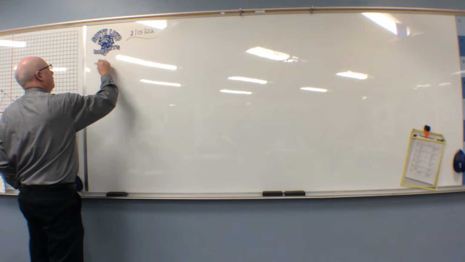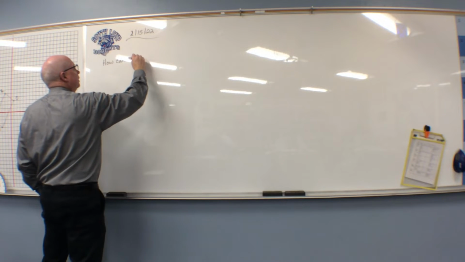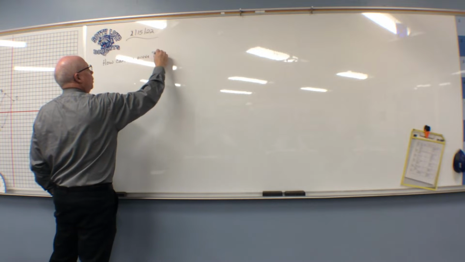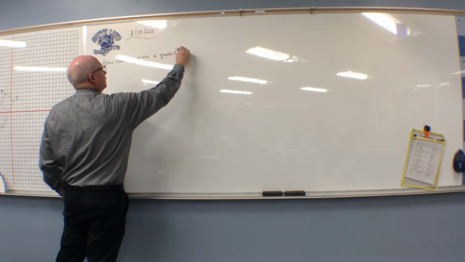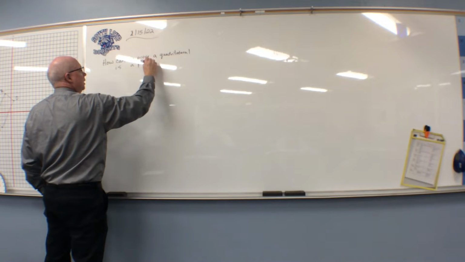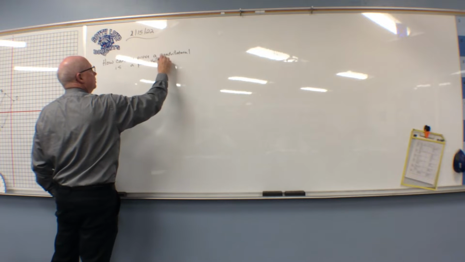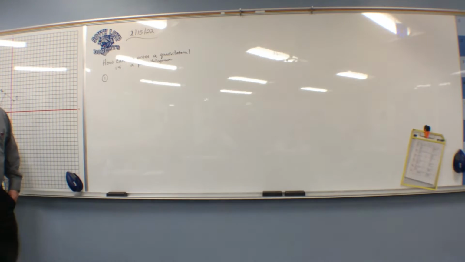So, how can we prove a quadrilateral is a parallelogram? There are 5 ways. And the first way is by definition. It's not a theorem.